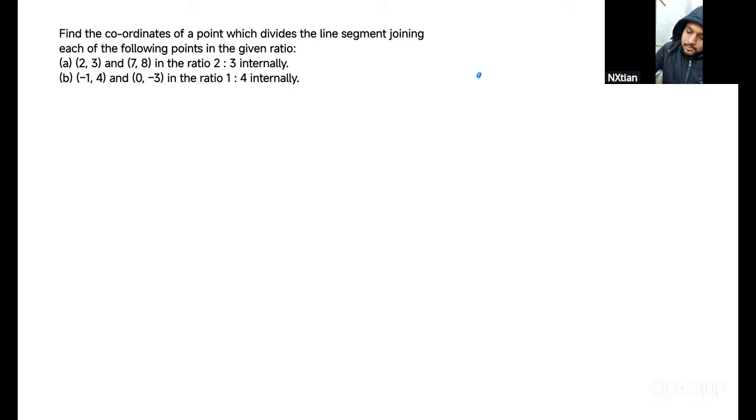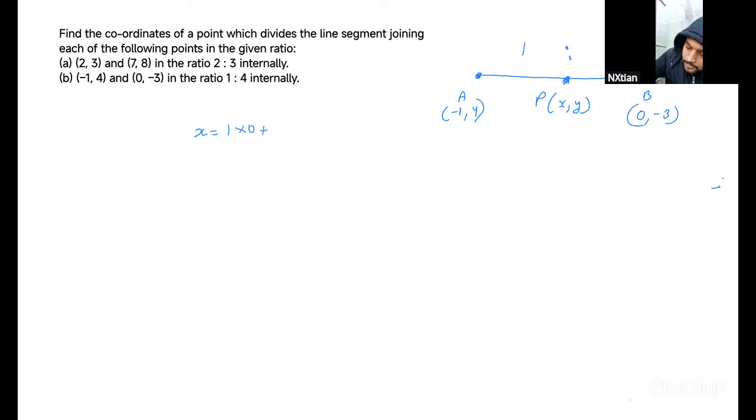There are two questions in which this is A coordinate, -1 comma 4, this is B coordinate, 0 comma -3, and they are in the ratio 1:4. So x equals 1 into 0 plus 4 into -1 upon 1 plus 4.